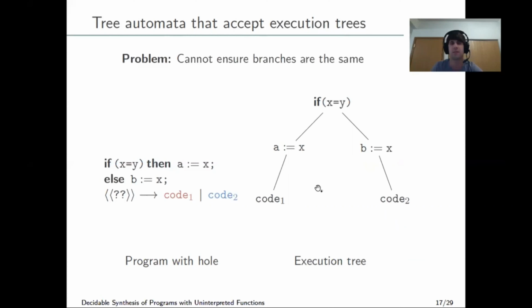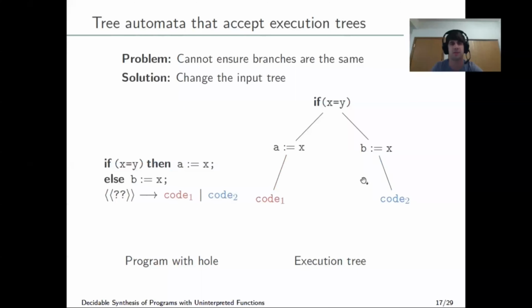And now there's a problem for tree automata here. They can check that the branches are correct. There's no way for them to ensure that the hole is a single hole in the specification. There's no way for them to ensure that it's filled uniformly with code. There's a sense in which the control of the automaton on each branch can't communicate.